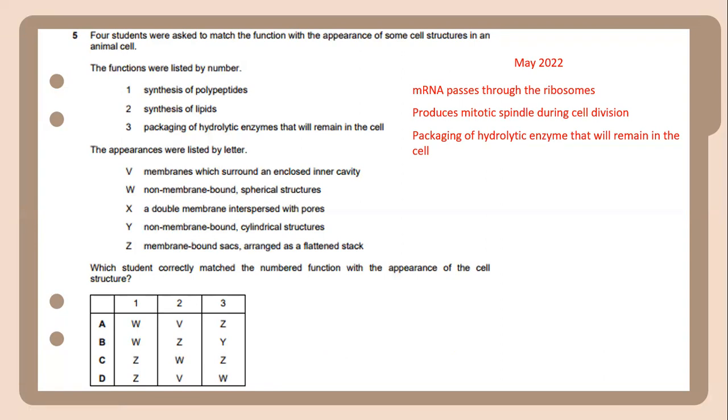The functions listed were about mRNA passing through the ribosomes, which produces the mitotic spindle during cell division, and the packaging of hydrolytic enzyme that will remain in the cell. It is the same question this year, for October 2020, but focusing on the synthesis of polypeptide and synthesis of lipid.